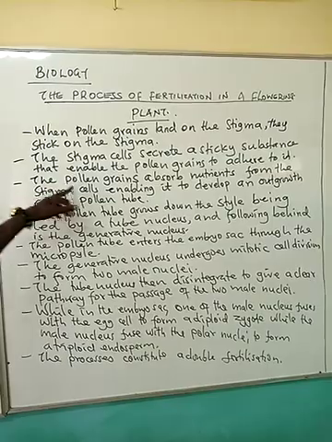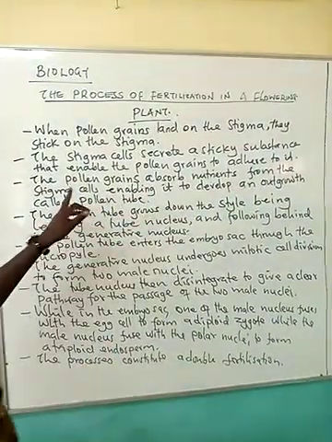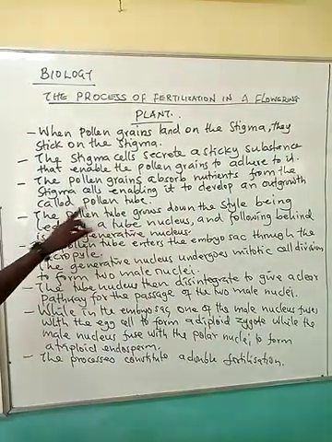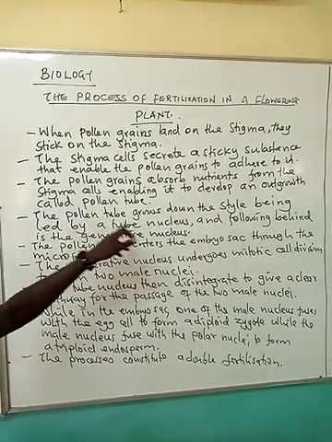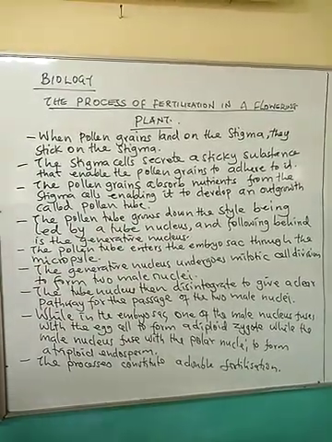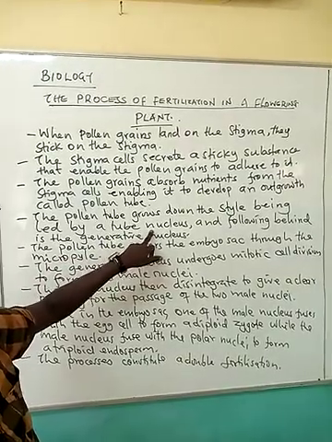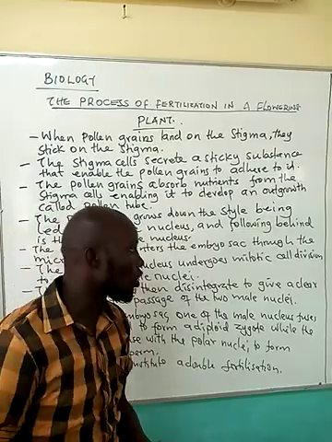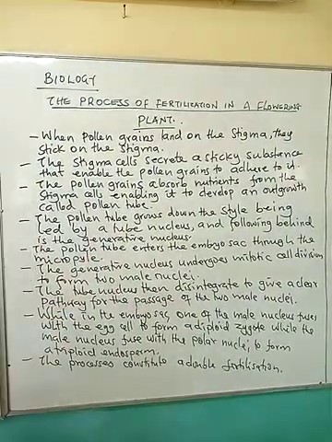So the pollen grains absorb nutrients from the stigma cells, enabling them to develop an outgrowth that is called the pollen tube. This outgrowth then grows down the style, being led by the tube nucleus, and following behind closely is the generative nucleus.